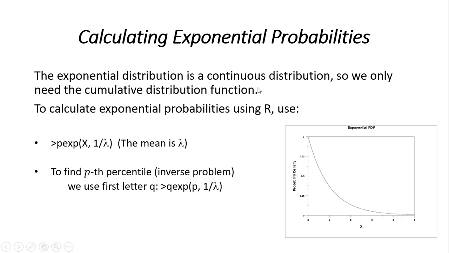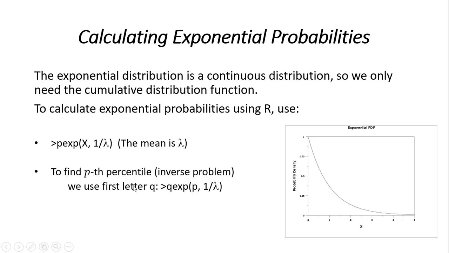But we're often interested in certain types of inverse problems, which we'll talk about as we go through these. So to calculate exponential probabilities with R, we would use pexp(x, 1/lambda) where the mean is lambda. So this is the CDF for the exponential.